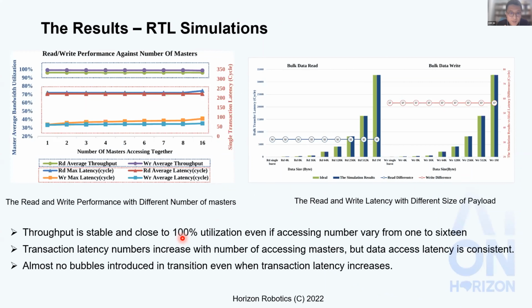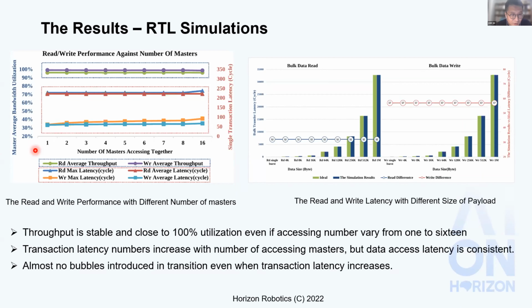Okay, thank you. So to verify the assumptions we have for the architecture, we first built a simulation to test the design. On the left side is a result of multiple parallel masters accessing the SRAM banks.